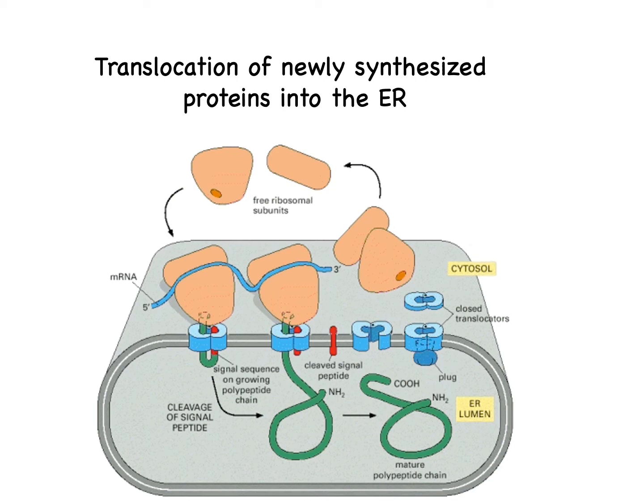Okay, so we have the two major subunits of the ribosome. The RNA binds, the two subunits come together, and then as the nascent peptide comes through, it docks on the surface of the ER.